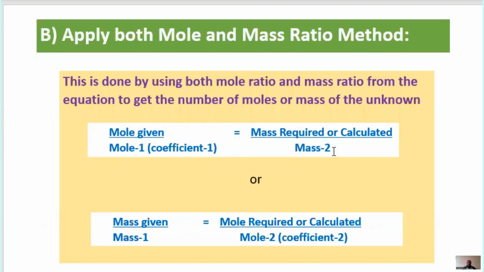The mass of the required substance. Or mass given divided by the mass of the given one equals what? Mole required divided by mole of the required one from the balanced chemical equation.